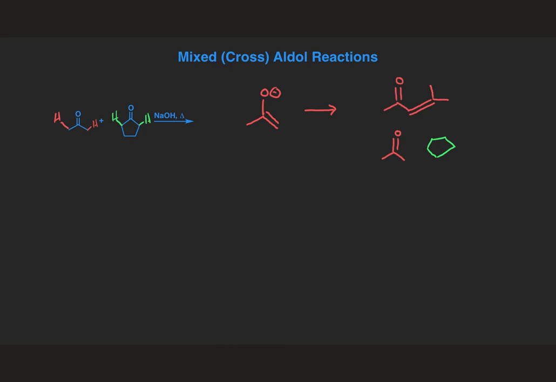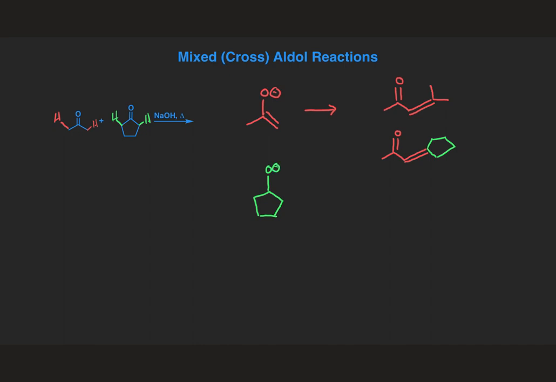And I'm going to connect the alpha carbon of the nucleophile to the carbonyl carbon of the electrophile with a double bond. And so enolizing or forming an enolate out of acetone could lead to two potential products. But I could also enolize or form an enolate out of cyclopentanone.